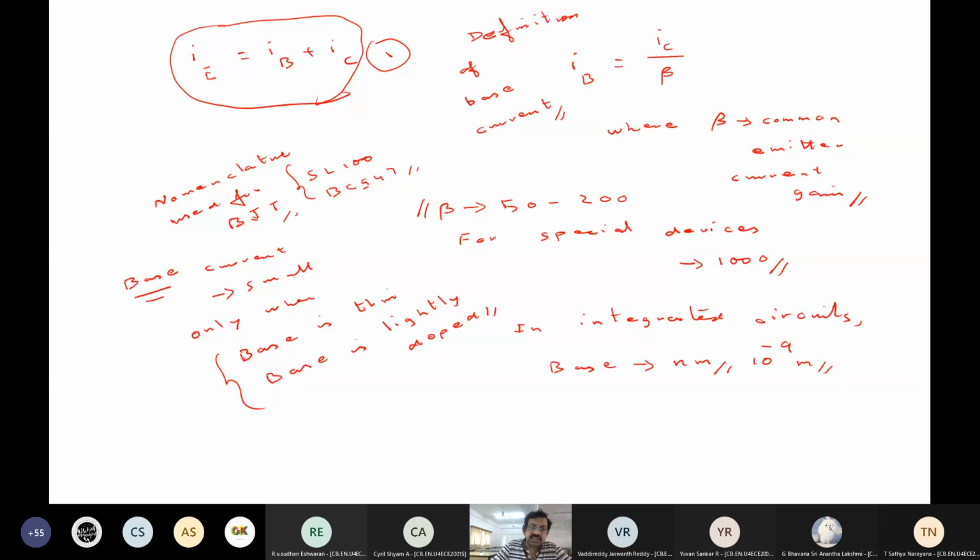Now, having said this, let us look at this equation. IB is IC by beta and IE is IB plus IC.